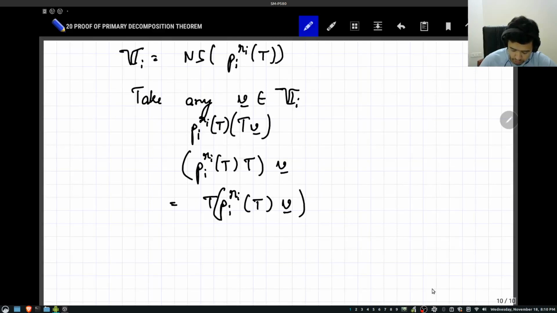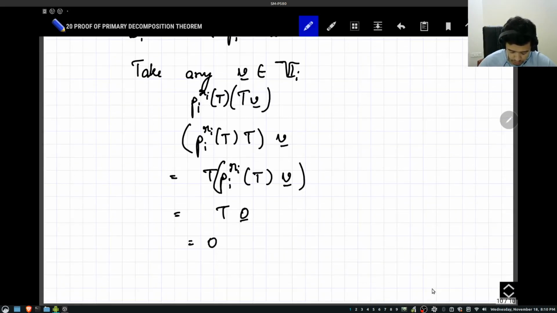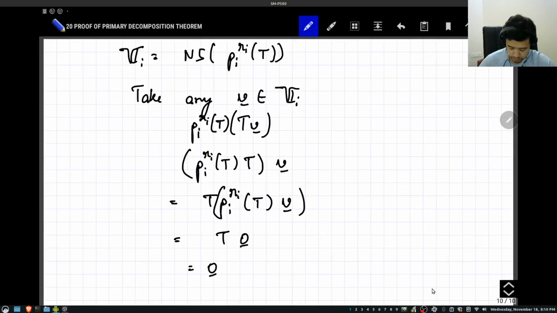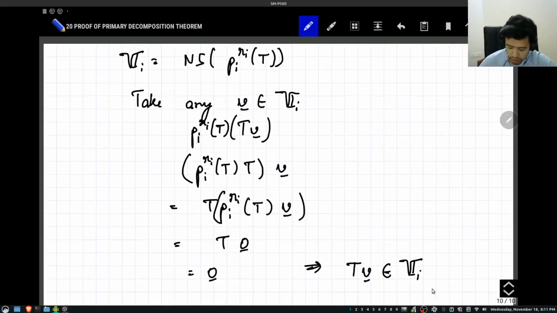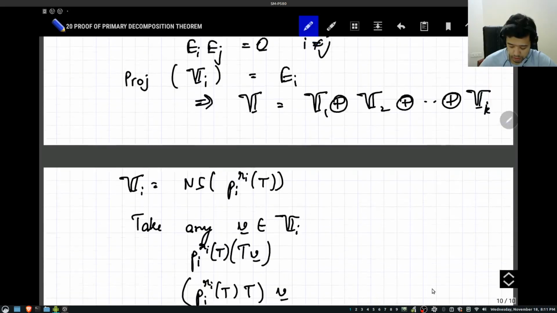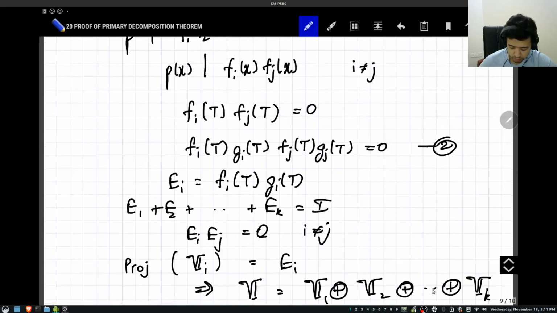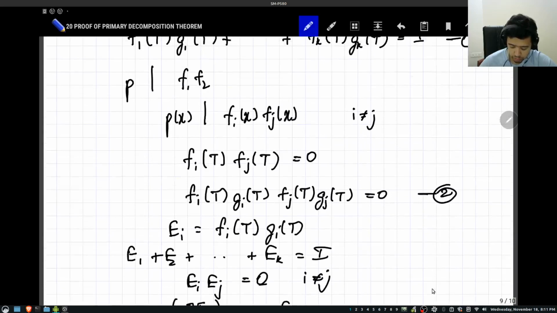Now if you look at this particular term over here, v is already in the null space of Pi raised to Ri because it's in Vi, so this should be equal to 0. So I have T times the 0 vector, which is equal to 0, right? So this implies that T times v is also in Vi, and therefore each Vi is T invariant, right? So this completes a very basic proof of the primary decomposition theorem.